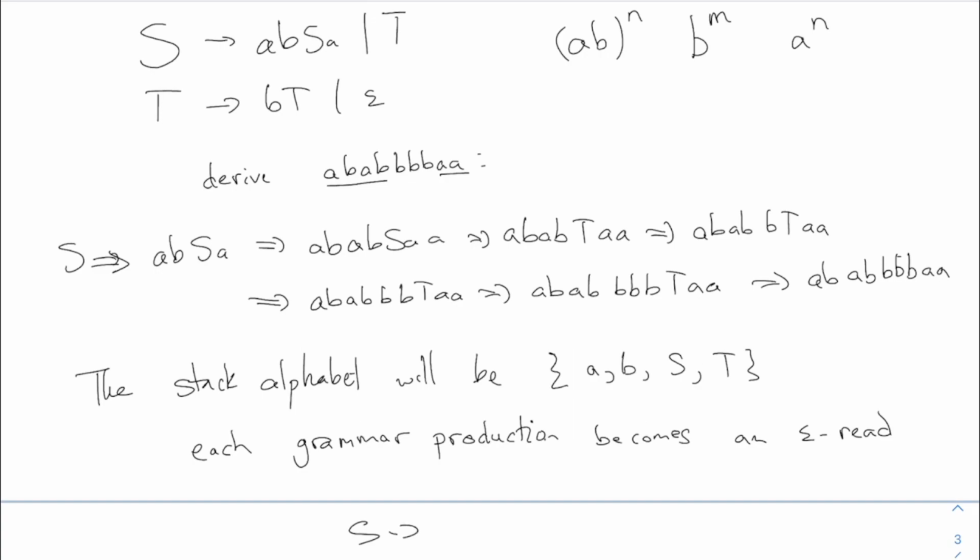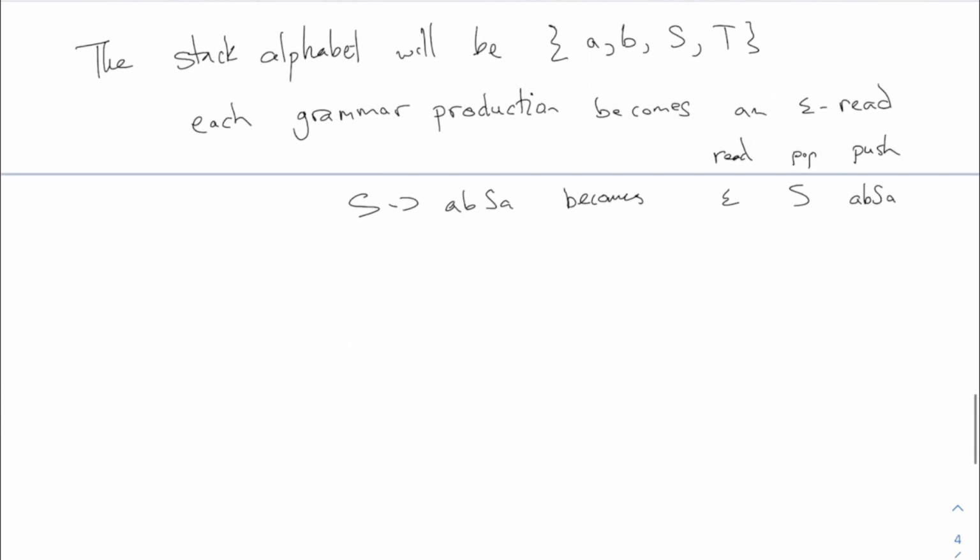So S goes to ABSA becomes epsilon, S, ABSA. This is read, pop, push. Sorry for the page break there, PDF readers. A grammar line like that just translates directly into a stack line like that.